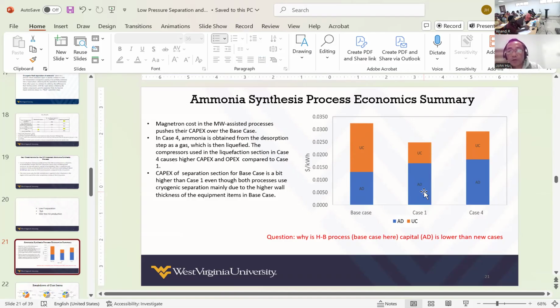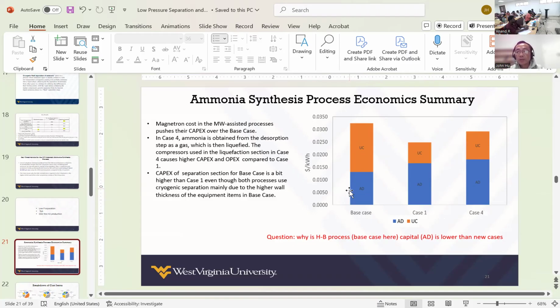Case 4 is thermal swing ammonia separation, also using microwave. So both case 1 and case 4 are low pressure microwave followed by low pressure separation. Compared to the baseline, Haber-Bosch, the savings are in the utility cost, which is the operating cost.